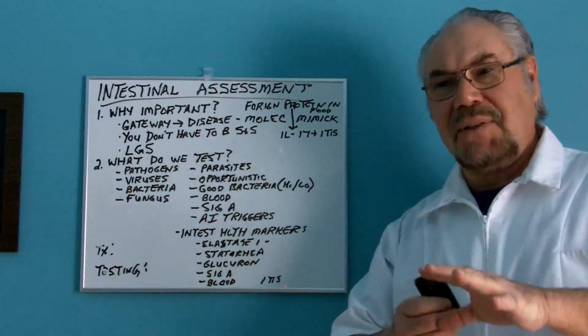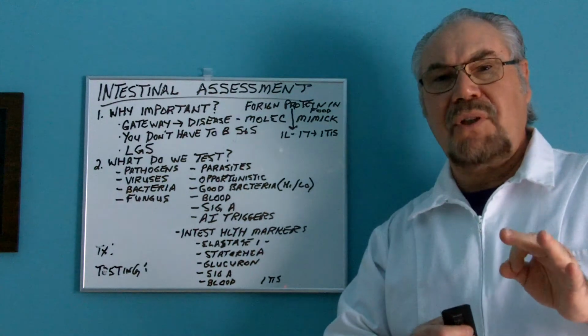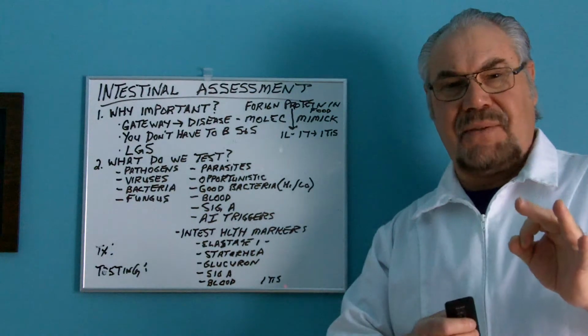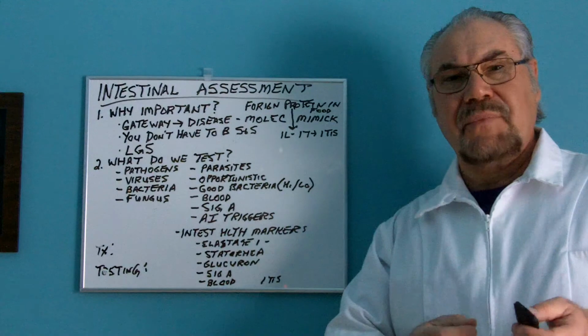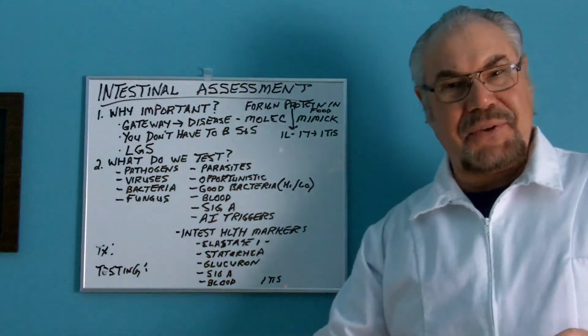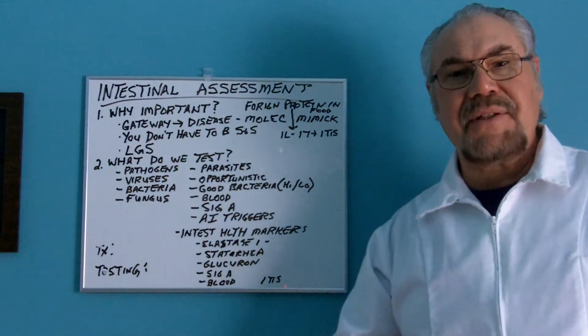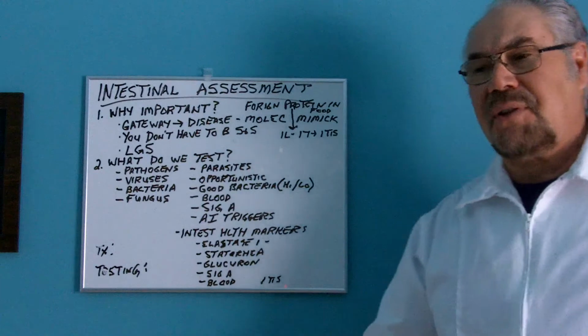In this particular example, the gliadin protein in gluten looks like thyroid gland cells, the receptors. So guess what? Your immune system is going to attack your thyroid gland. And this is how you get autoimmune thyroiditis like Hashimoto's, Graves' disease, things of this nature.